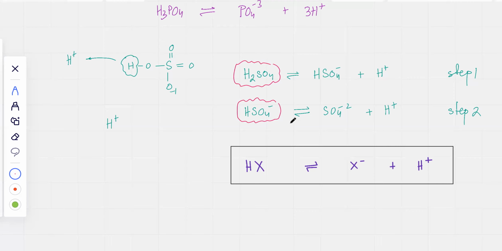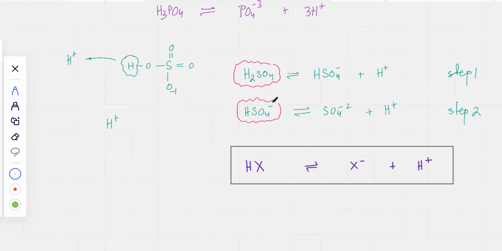Which one do you think would be the stronger of the two acids? I mean, which one would it be easier to lose H plus 1 ions from? HSO4 minus? Is it going to be a stronger acid or a weaker acid? Remember, it has a negative charge.